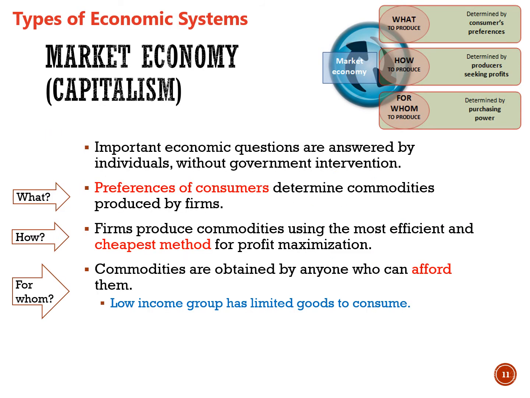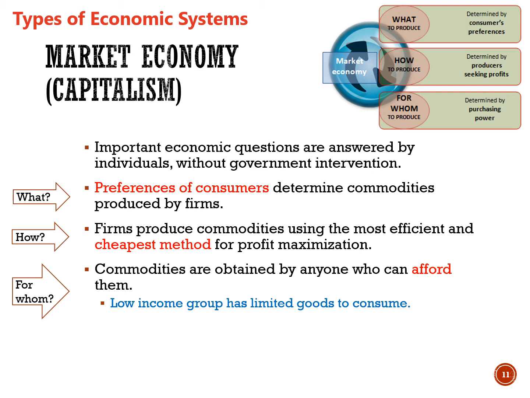Market economy is also called capitalism. In this economic system, individuals have the right to own properties. Important economic questions are answered by consumers and producers without government intervention. Then who decides what is to be produced in capitalism? The answer is that preferences of consumers determine the commodities that are produced by firms.